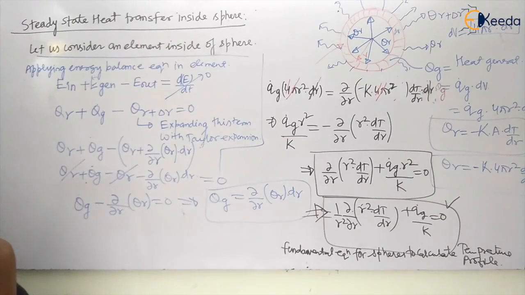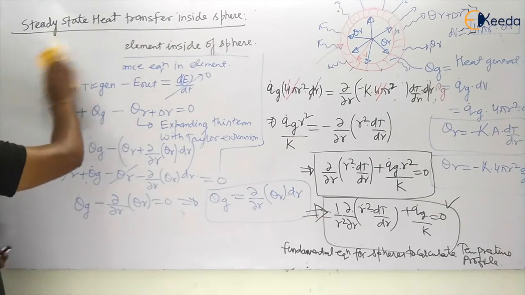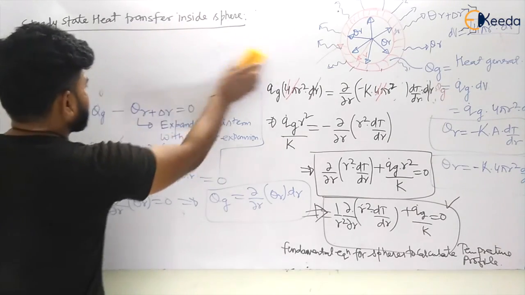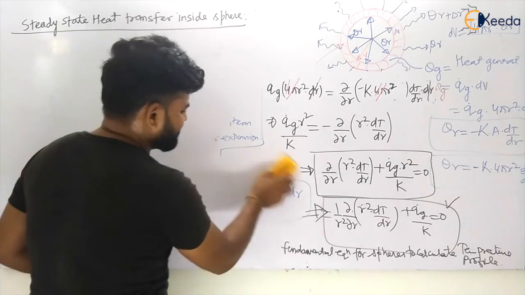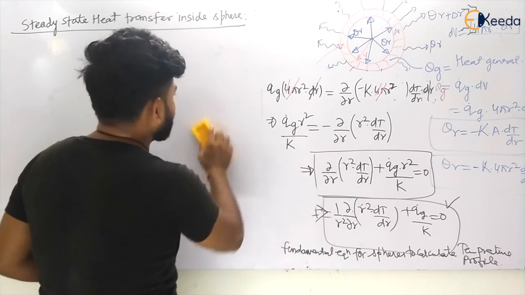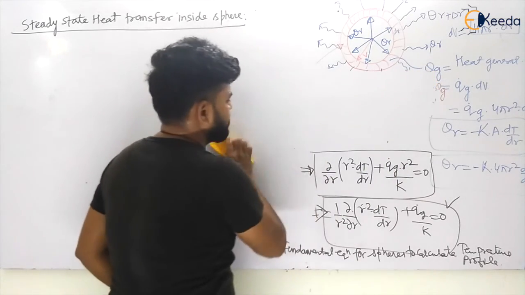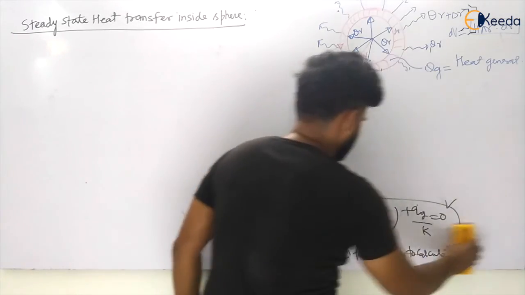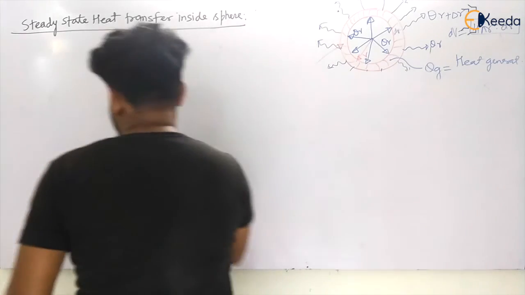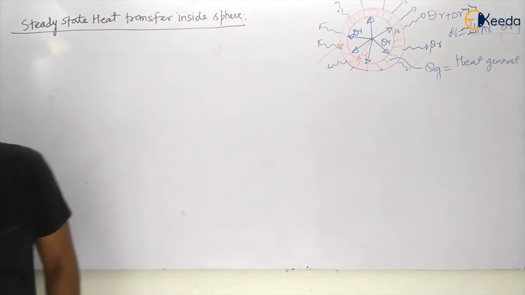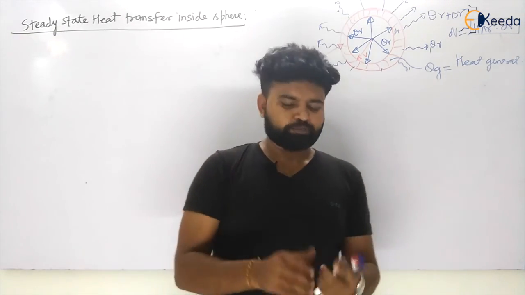How can I develop? So first of all, I am taking steady state heat transfer. Okay. I am taking first of all what? Steady state heat transfer, and let us take without heat generation first of all. So let us write the fundamental equation again, because I hope you remember now. Okay, I hope you remember now. So my dear student, let us calculate what? Temperature profile.